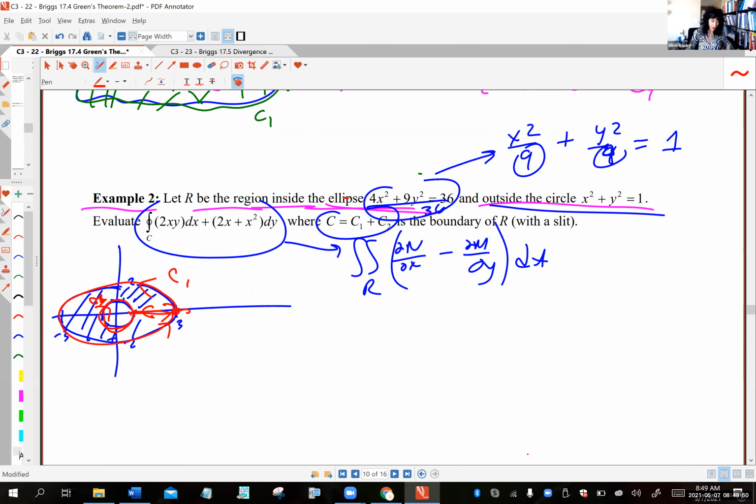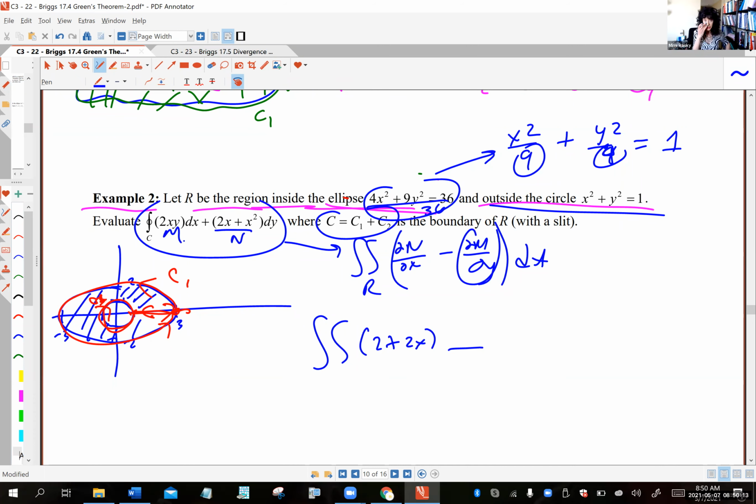All right, so now when we set this up, let's go ahead and get dN/dx. So N is this guy here. When we take the partial of N with respect to x, I think it's going to be 2 plus 2x, minus dM/dy.